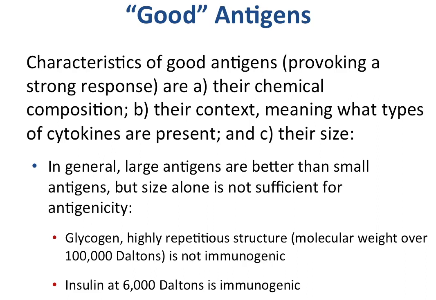It can also induce a specific immune response to generate specific cytokines or antibodies. Large antigens are better than small antigens because a larger size makes it easier to induce an immune response. But large size alone is not enough. If the structure is complex, that is way better than large size alone.